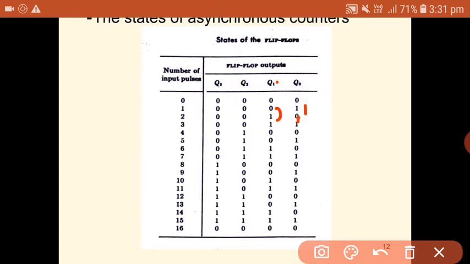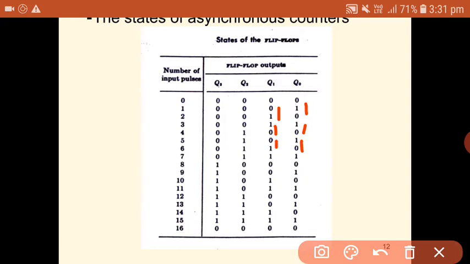For 0 to 1 there is no toggling. Only for 1 to 0 will it toggle. Since Q0 is changing from 1 to 0, Q1 is changing from 0 to 1. Similarly 1 to 0, 1 to 0, and again 1 to 0, 0 to 1.